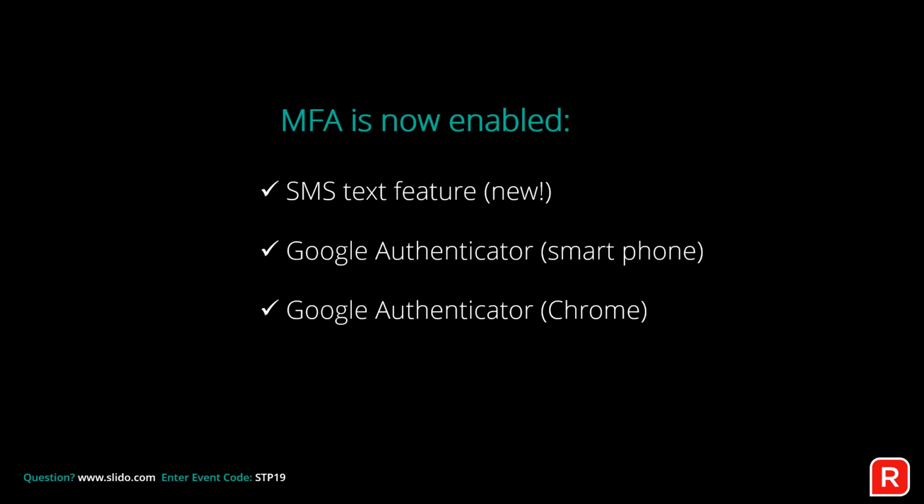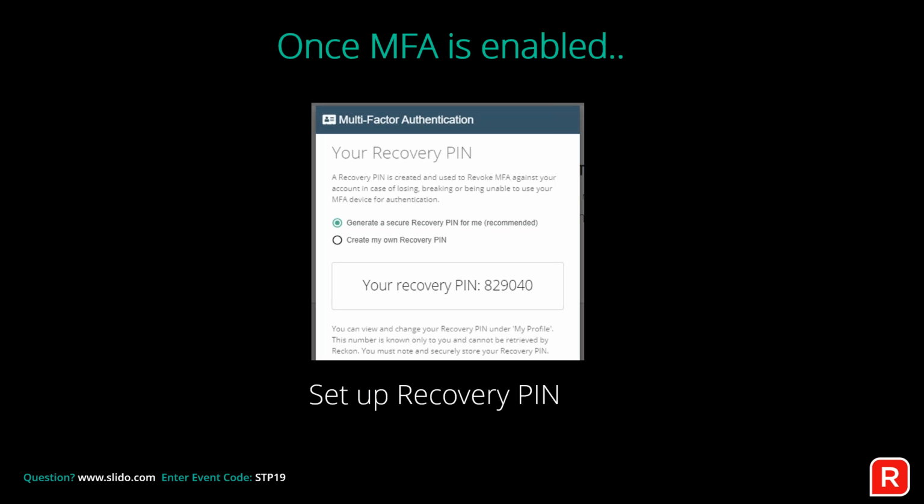Okay, so basically that's how you enable your MFA. Again, you can only choose one option, whether it's SMS or using Google Authenticator on your smartphone or using it on your Chrome.